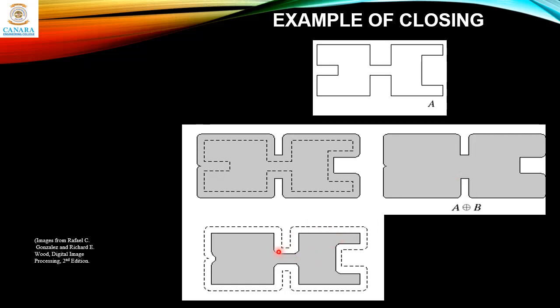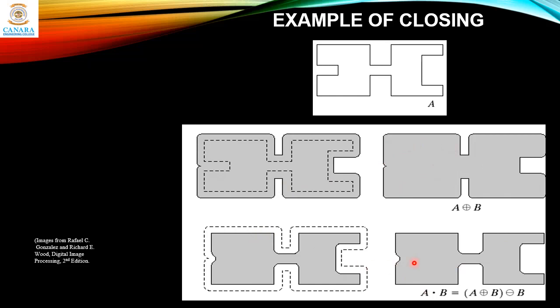So you move the disk around the border. Now this is what you get. So this is A closes B is equal to A dilates B whole erodes B. So to this dilated image we perform erosion, and again the width of this bridge and the gap has been widened, and this narrow notch has been turned into a bigger notch here, and then this rounded edge has become squarish here. So that is the usefulness of closing operation.